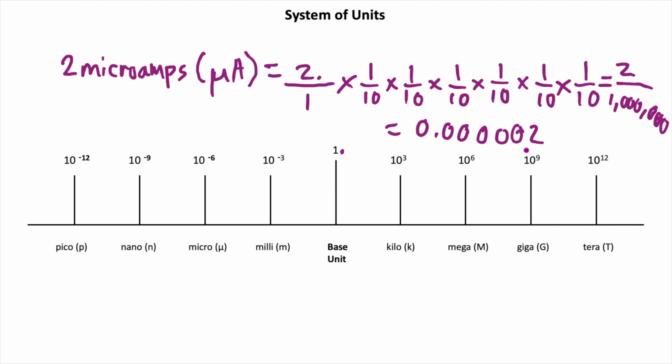If you check the decimal movement here, we started out with 2 point. So let's imagine the starting point was here with our decimal, and then it's moved. We're saying we need 10 to the -6, so we need 6 places that it needs to move. So we go 1 place, 2 places, 3 places, 4 places, 5 places, and 6 places.